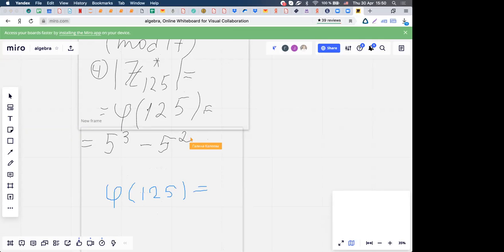phi of 5 cubed is equal to 5 minus 1 cubed. As far as I know, I think that it should be true, at least.